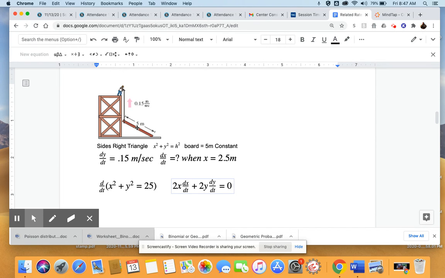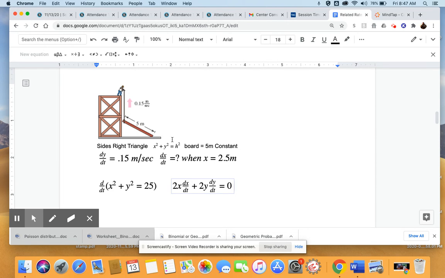So we're going to take a look at this, okay? They gave us an x value of 2.5 meters to plug in here for x. Great. They gave us a dy/dt to plug in here. Great. dx/dt is what we're looking to find. Here it is. The only problem left over for us is the fact that we don't have a y value to plug in.